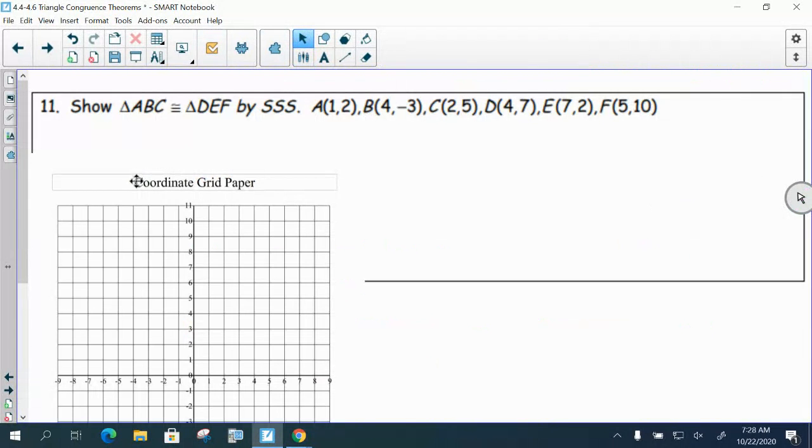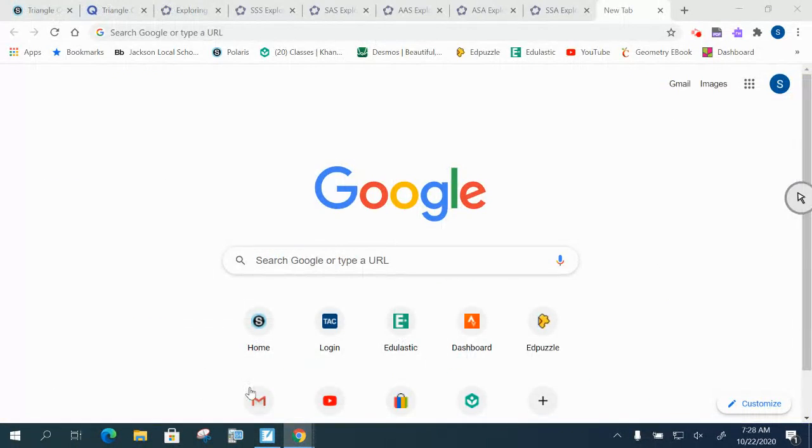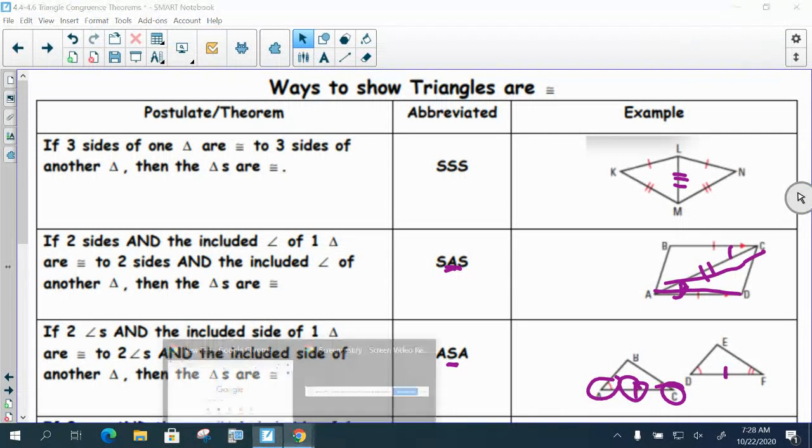So at this point, the rest of the examples are going to be in your Edgenuity assignment. However, I do want you to go to, actually let me make sure that my pointer's on, it is.